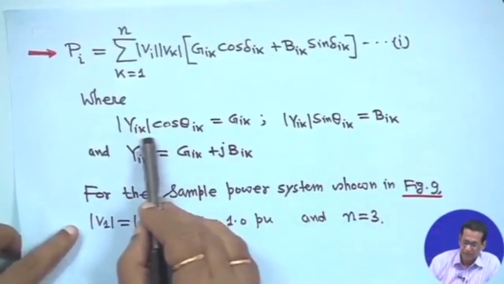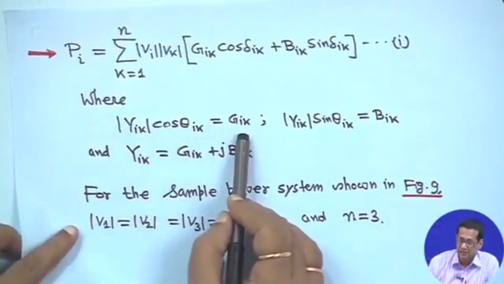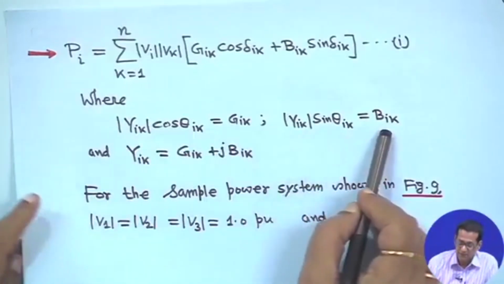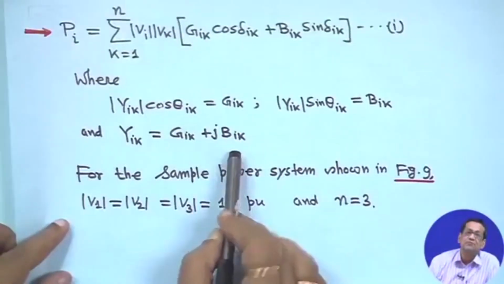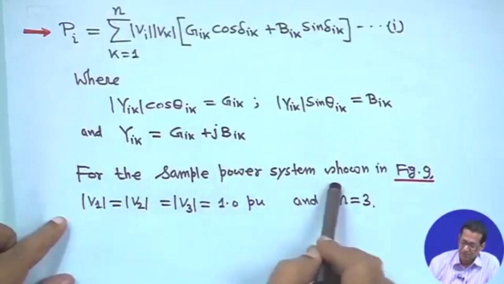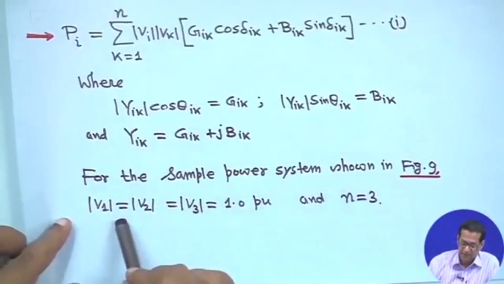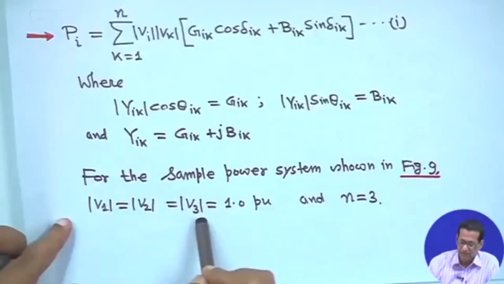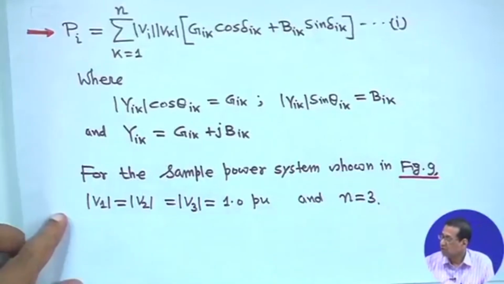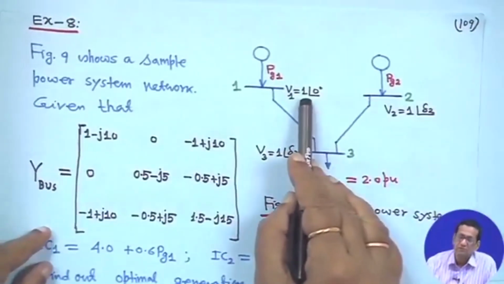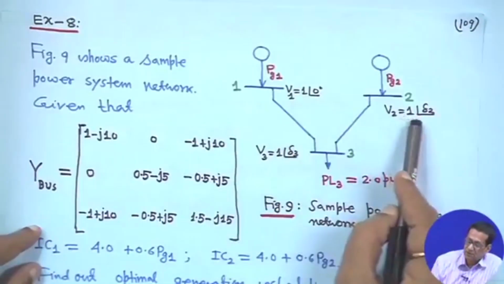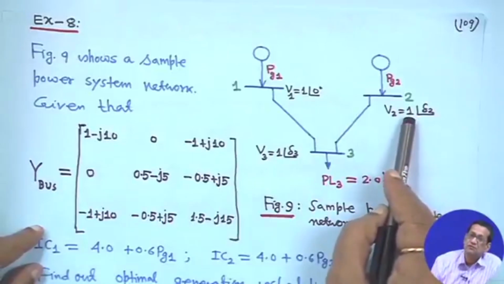Where I have written here, Yik cosine theta ik is Gik and Yik sin theta ik is equal to Bik, and Yik is equal to Gik plus jBik. Now, for the sample power system, as given, magnitude V1, magnitude V2, magnitude V3 are all 1 per unit. That means in this diagram the magnitude is 1 angle 0, so magnitude is 1. Similarly, for bus 2 also the voltage magnitude is 1.